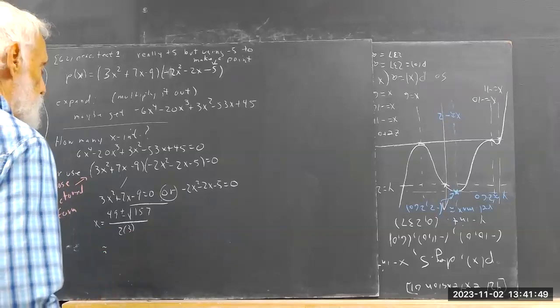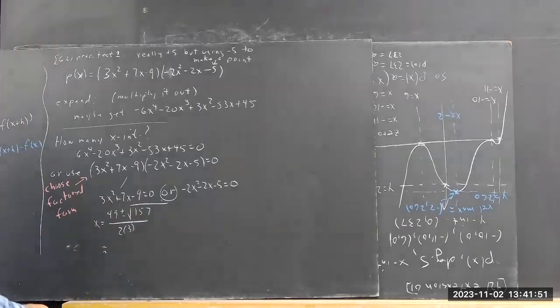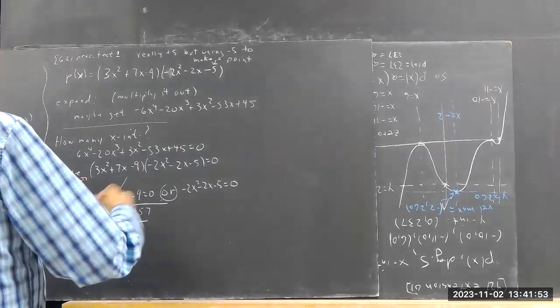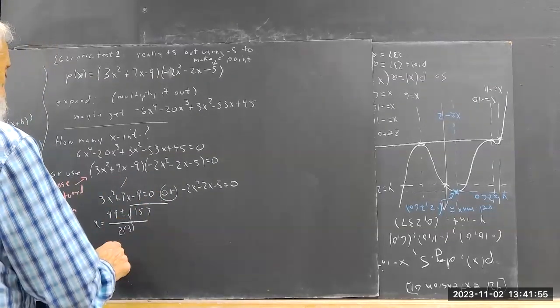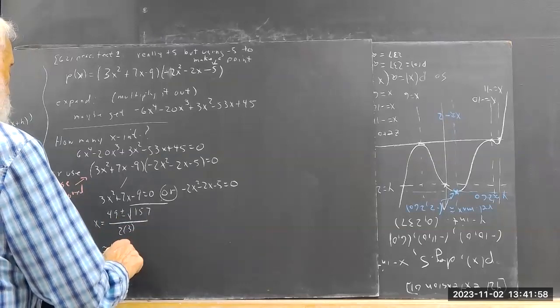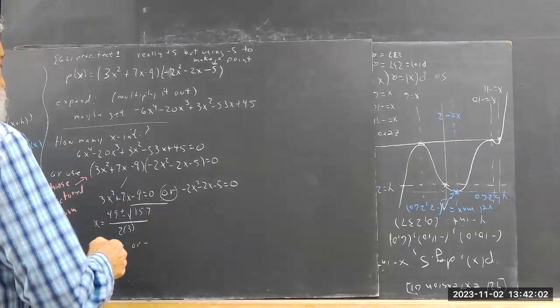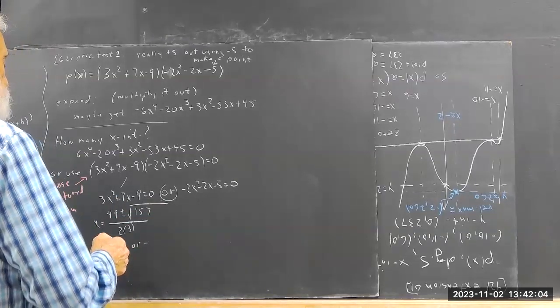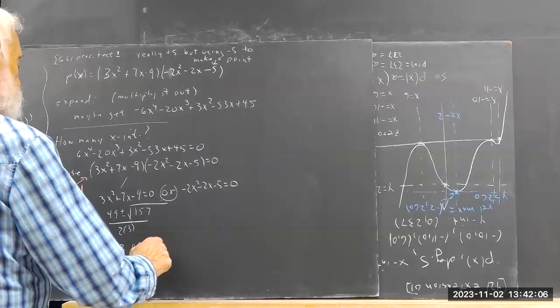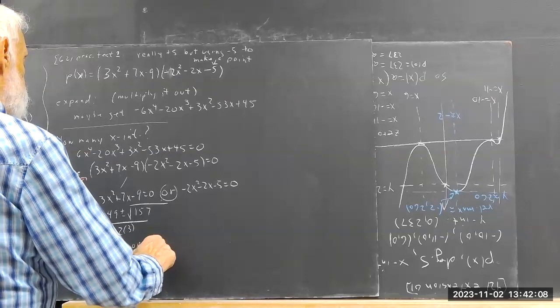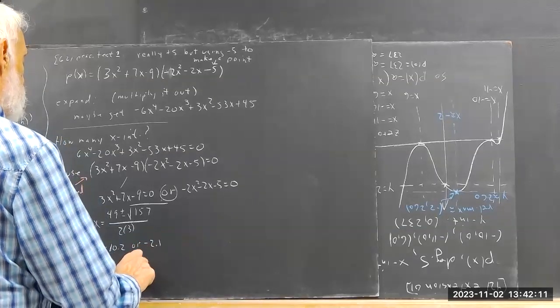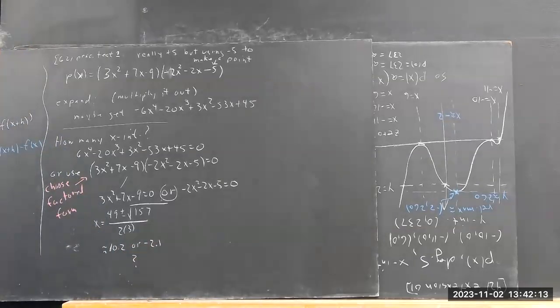So that's approximately, that's about 12 and a half. It's about 61 and a half divided by 6. It's about 10.2 or negative 2.1. I'm doing those in my head.